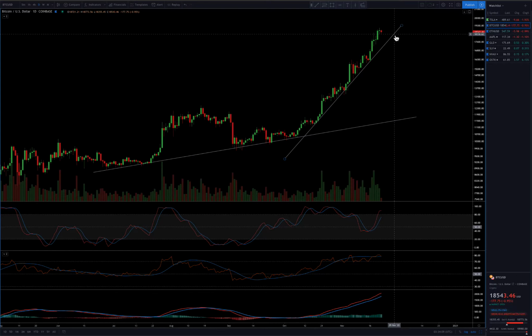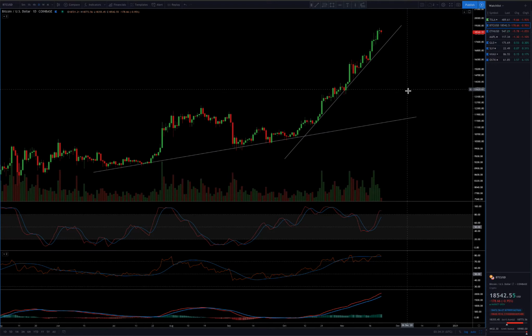Seeing that on the weekly, the Stoch RSI is about to cross, and the fact that the fear and greed index is at a very high 94, it looks like there's potential that we might see a correction in Bitcoin.